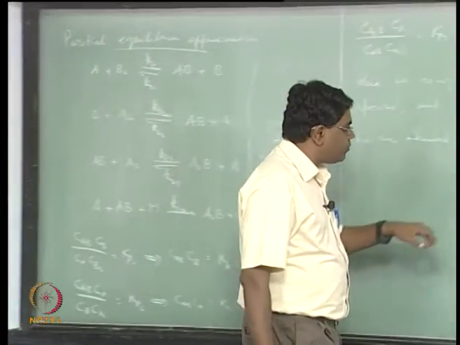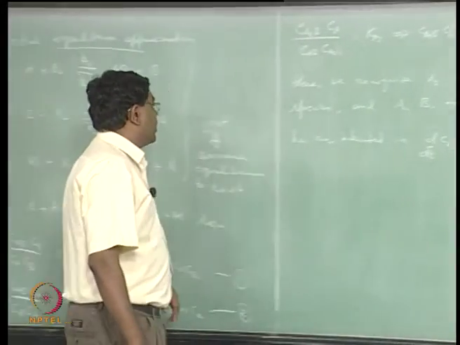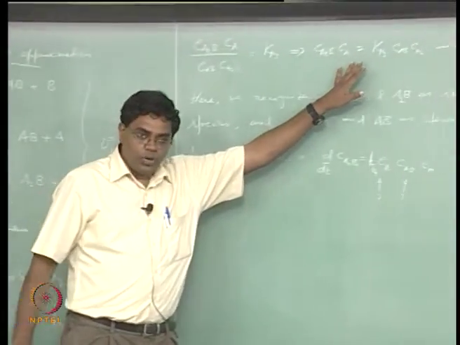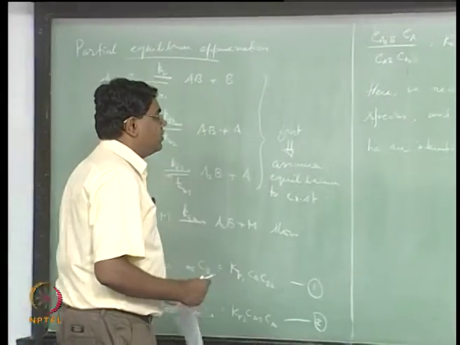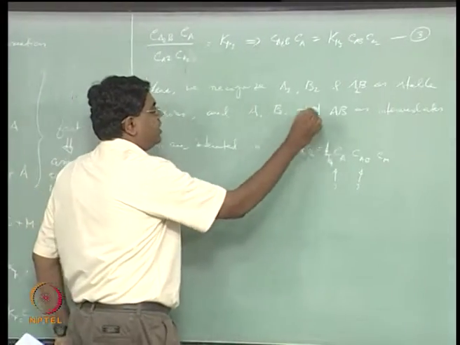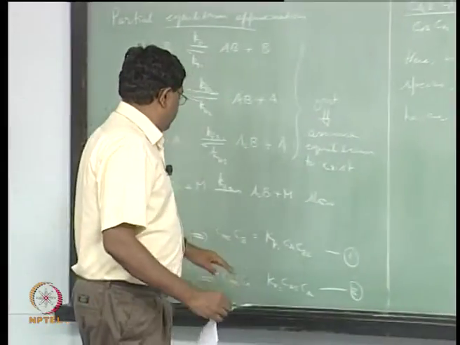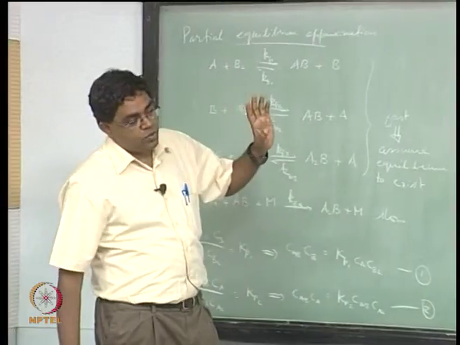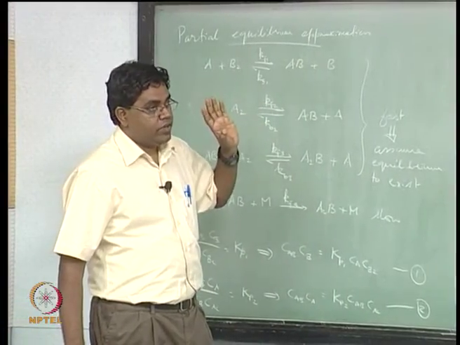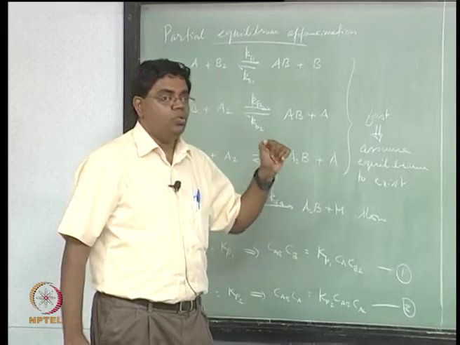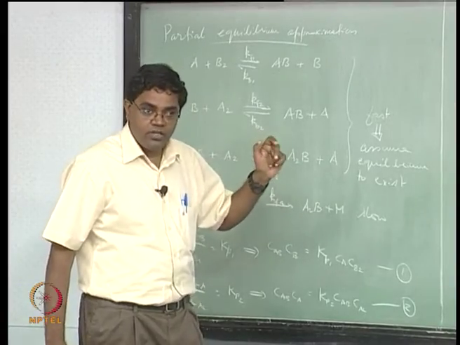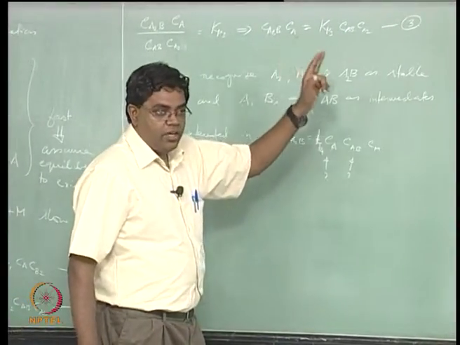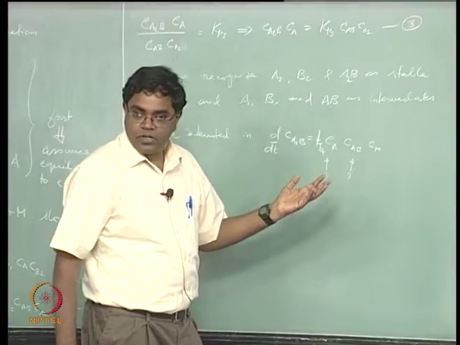So how do we find these is why we write out these 3 equilibrium equations, and you see what happens here. The intermediates are A, B and AB, and we have 3 equations. So strictly speaking, if we are okay with dealing with A2, B2 and A2B, is it possible for us to write A, B and AB in terms of the stable concentrations?